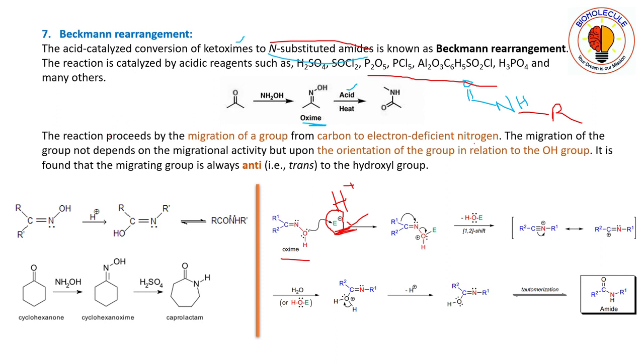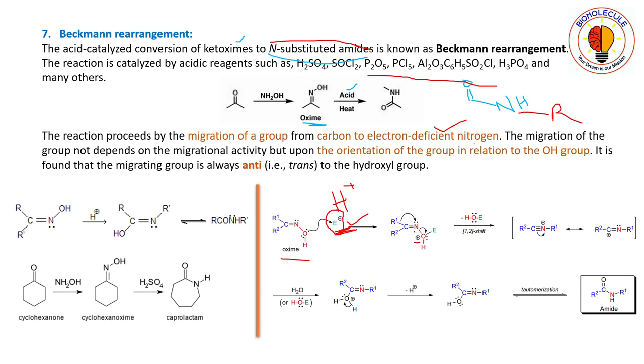So the reaction proceeds by the migration of a group from carbon to electron deficient nitrogen. Okay, so why is it termed as electron deficient nitrogen? Now see over here, okay, that oxygen is more electronegative than nitrogen. Now this oxygen bears a positive charge, so it will be much more electronegative than nitrogen.